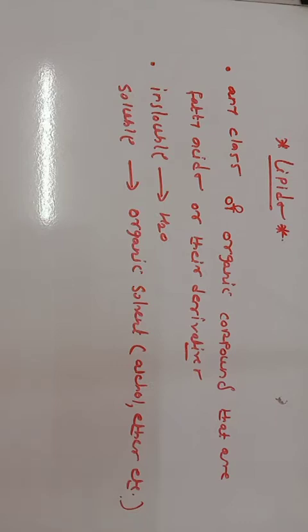So they are related to the fatty acids. You should remember that any class of organic compound that contains fatty acids or their derivatives is considered a lipid. They are soluble in organic solvents while insoluble in water.